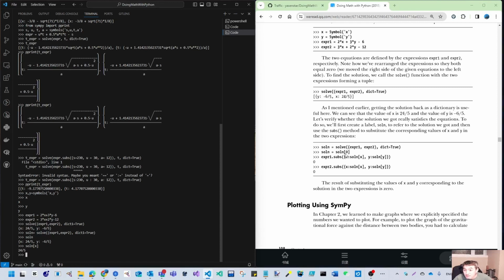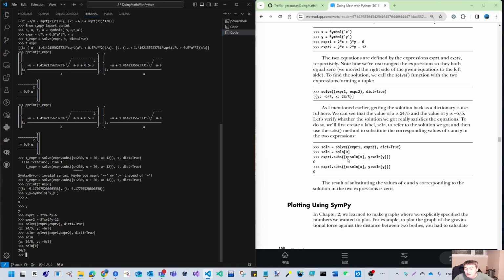I don't need this index 0 anymore. That is the thing you may notice: there is a difference. We can practice this later to see whether this is due to the new version of SymPy, an improvement.